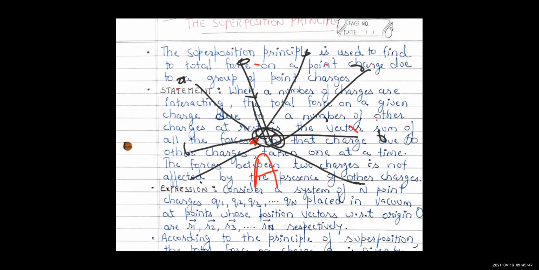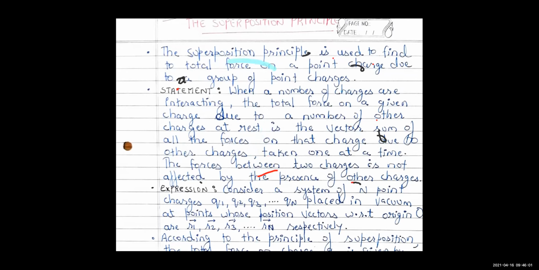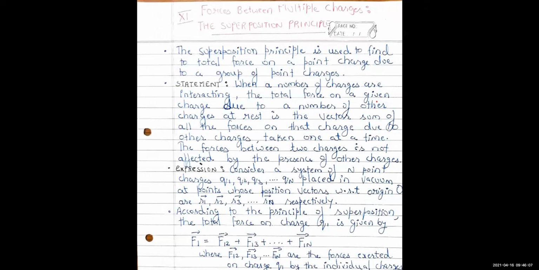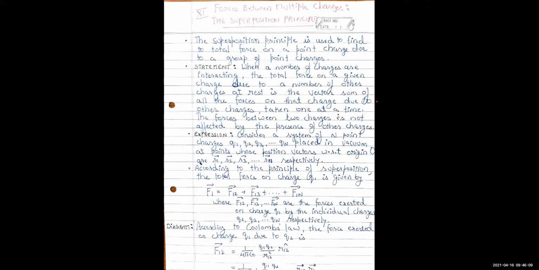That will be given by the superposition principle. The superposition principle is used to find the total force on a point charge due to a number of other point charges. So let's see the statement for the superposition principle.